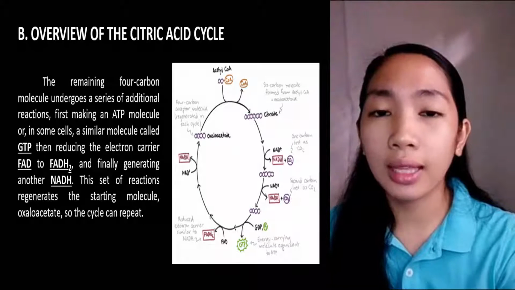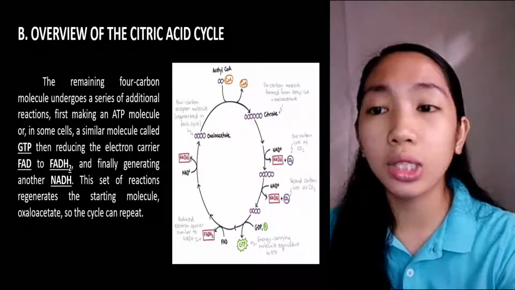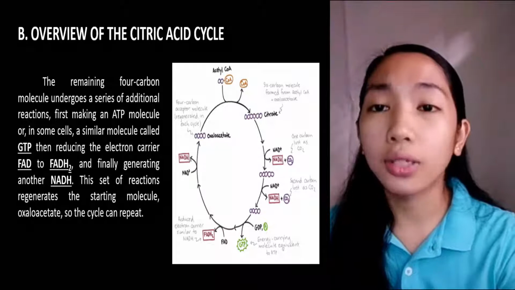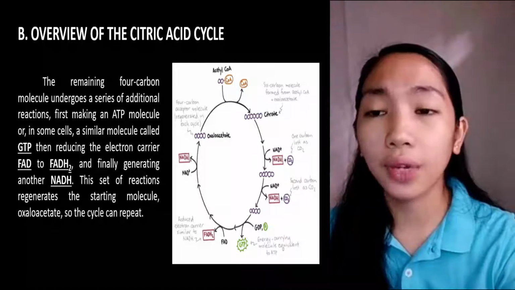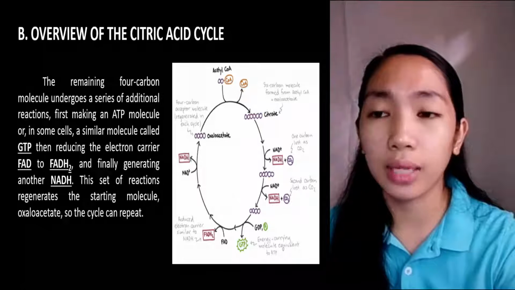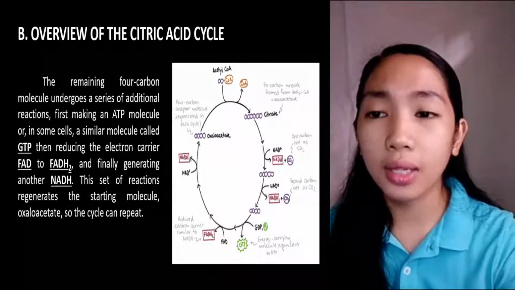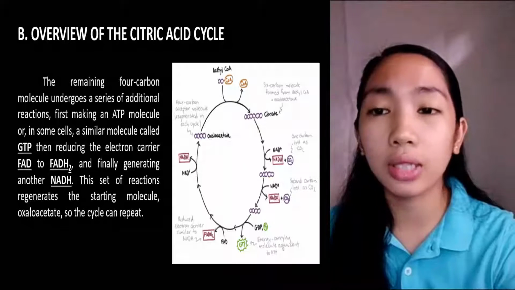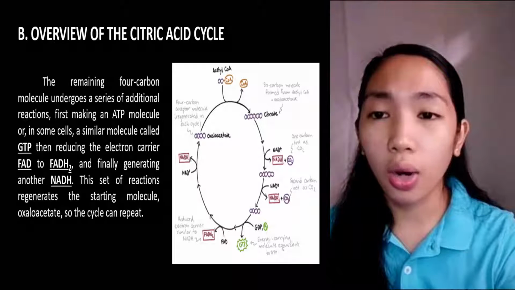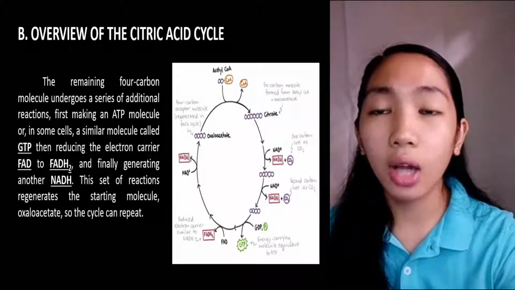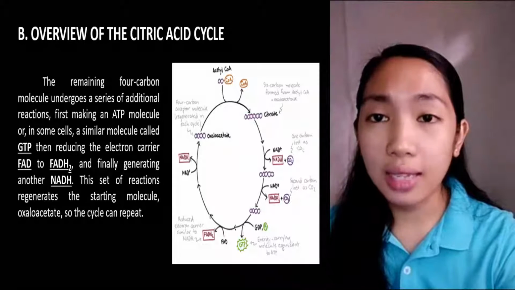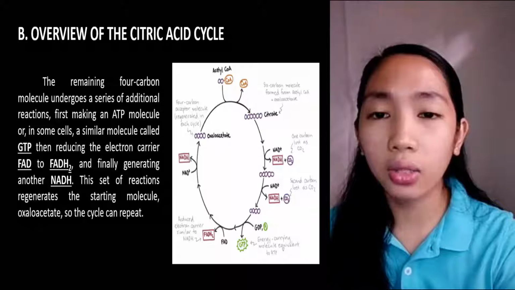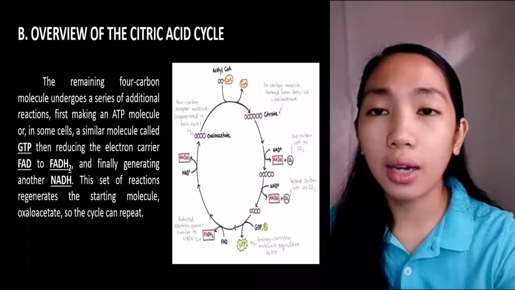Adenosine triphosphate is the principal energy carrier in the cell, while GTP, or guanosine triphosphate, has a specific role in many signaling pathways. The next step is reducing the electron carrier FAD, or flavin adenine dinucleotide, to FADH2, the dihydroflavin adenine dinucleotide.